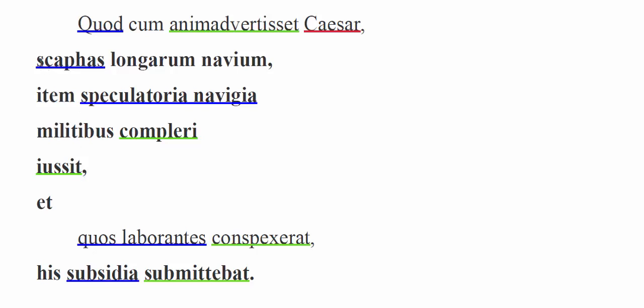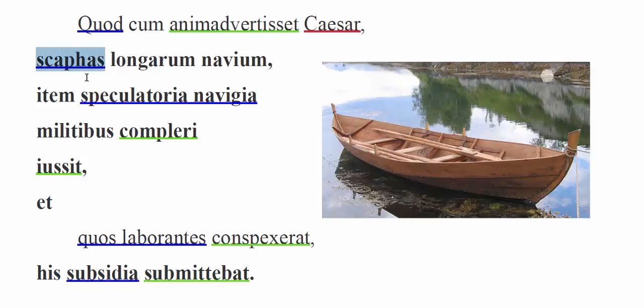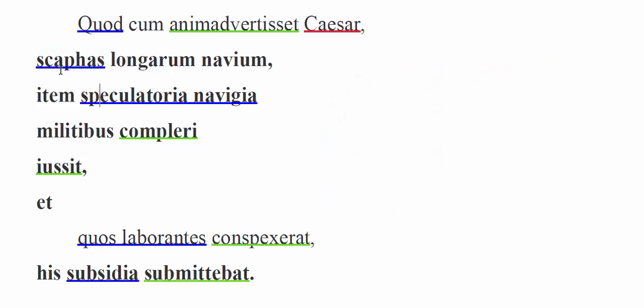The order is that the skiffs, now these are you might think of lifeboats, okay? On big ships, there will be smaller ships so that groups of people could get away perhaps, or could go do other tasks. All right, so that's what a skiff is. It's a small light boat. So Caesar ordered the skiffs of the warships and this item likewise, so we can say and the scout ships.